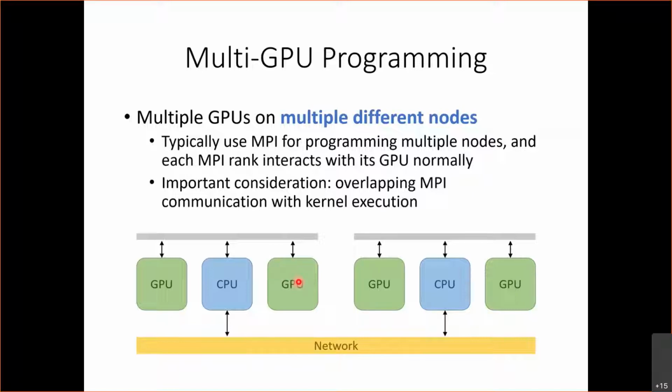So one thing people usually do is they will compute the elements at the boundary, and then while they're computing the internal elements, they would do the communication of the boundary elements across the network. So this is one example of how we can overlap the communication across GPUs with the execution of kernels on the GPU. Okay, so this is just a hint at how we program multiple GPUs and some of the challenges that we face when we do that.